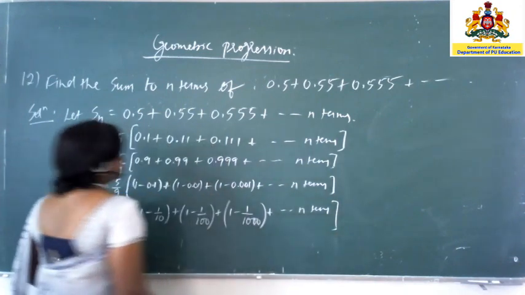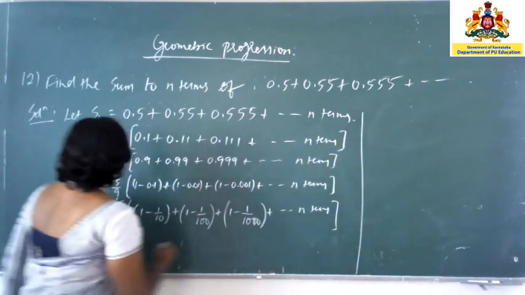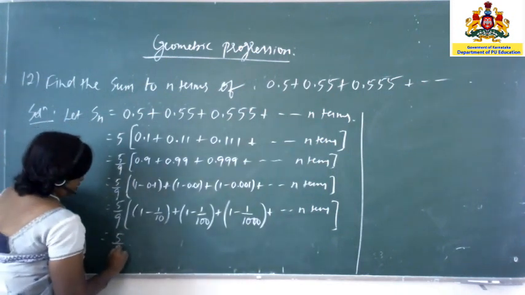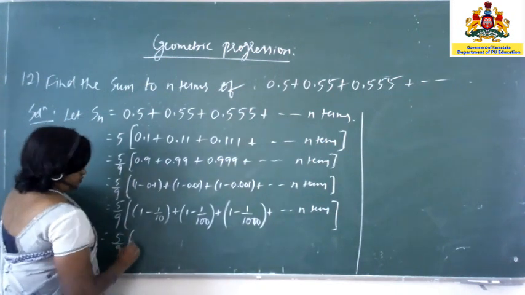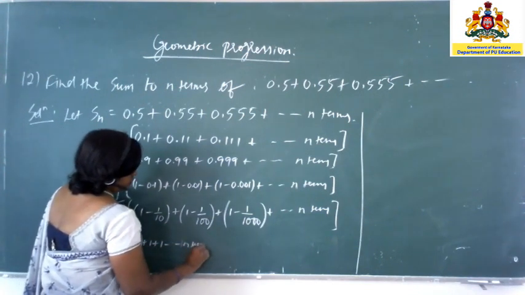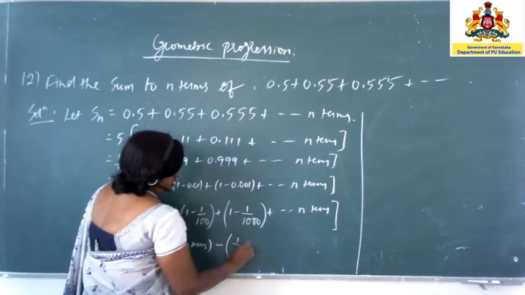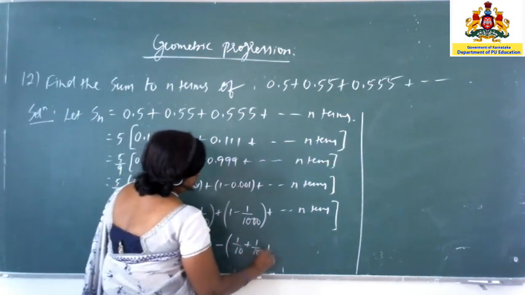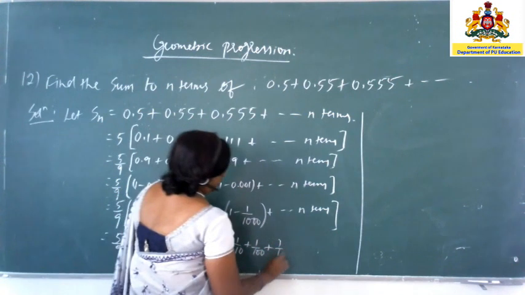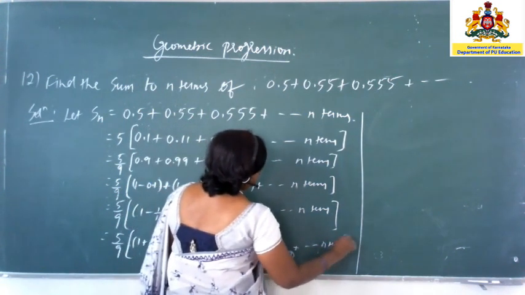So now I'll group the terms like the previous sum. So this is 5 by 9 into 1 plus 1 plus 1 so on up to n terms minus 1 by 10 plus 1 by 100 plus 1 by 1000 plus so on up to n terms.